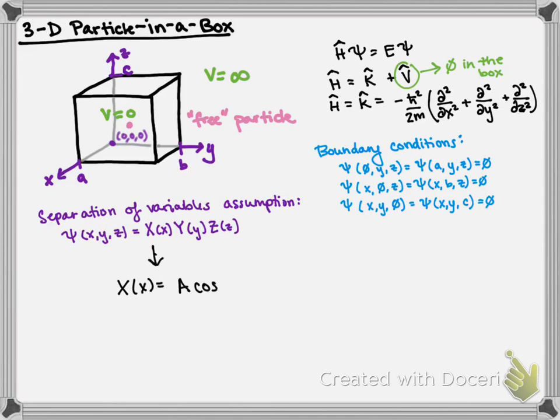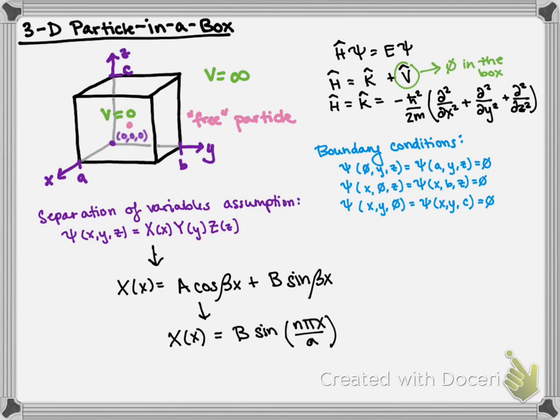And if we did this, we'd see that the function that only accounts for the x dimension would give us a cosine beta x plus b sine beta x. It's going to look just like our original classical wave and our one-dimensional particle in a box solution. And for y and z, we'd also get something like this.